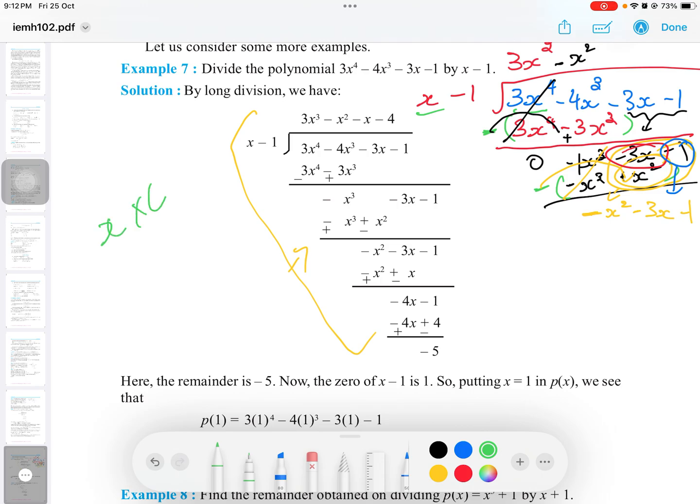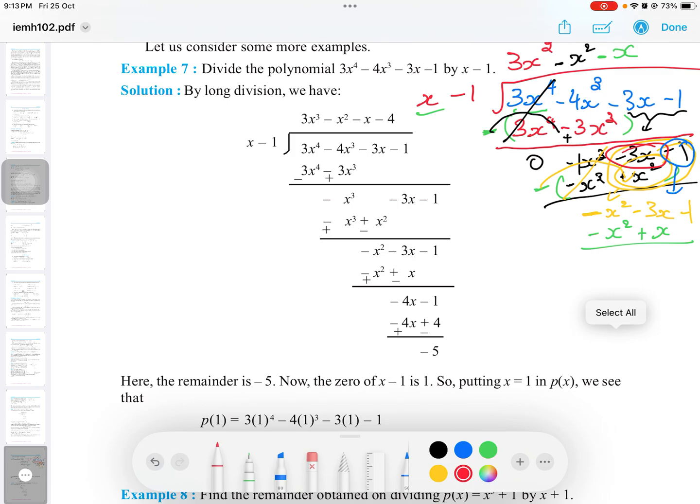Obviously negative x, because x times negative x gives me negative x square. So I am adding another term, minus x. So minus x square, and remember we have the other term negative 1, so negative 1 times negative x would be positive x.